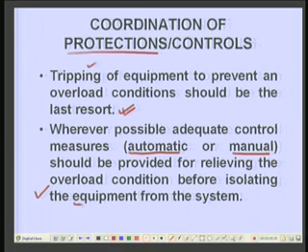Our interest is that we should try to relieve the overload by tripping some loads before tripping the generator or transmission line and so on, that is, the equipment. Here the equipment means basically the generator, transformer and transmission lines. This is the meaning of coordination of protection and controls.